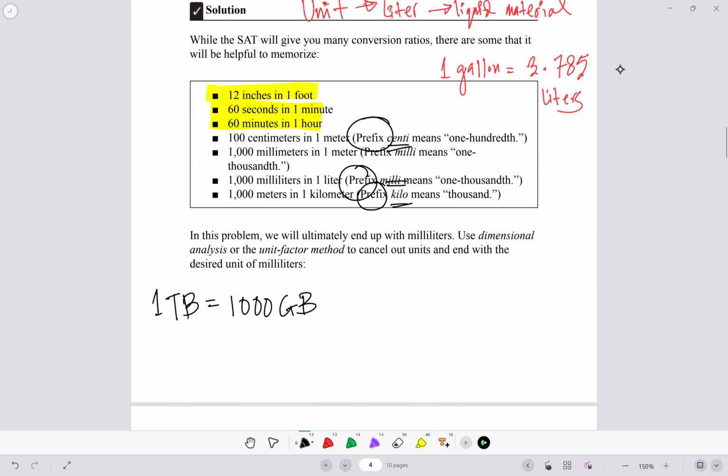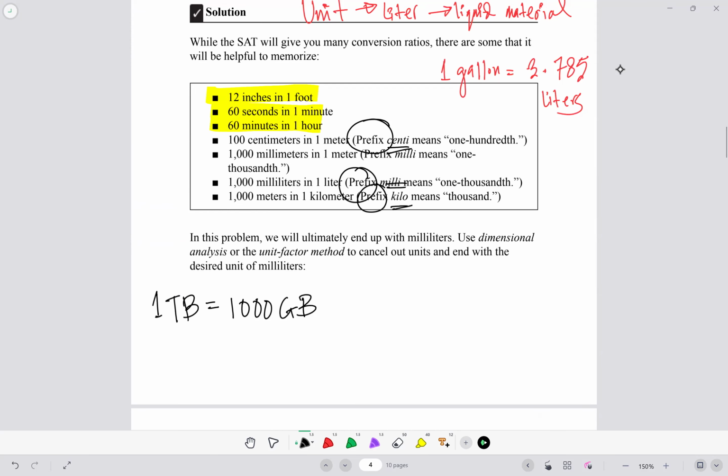All of them are prefixes, and you need to know them. Please read it on your own. I am suggesting this, it is very important.